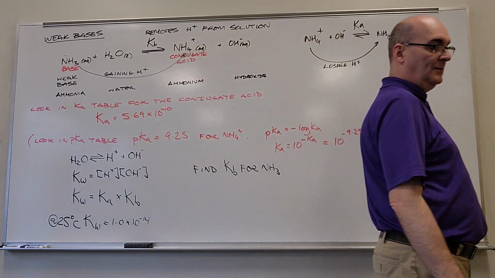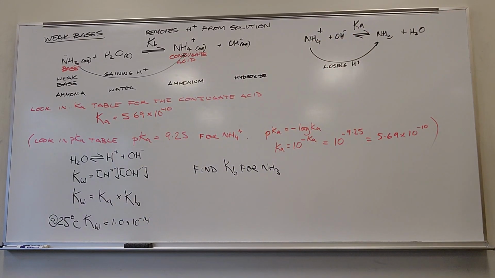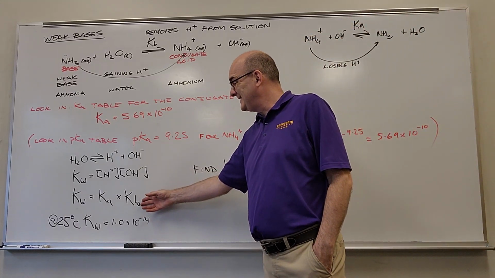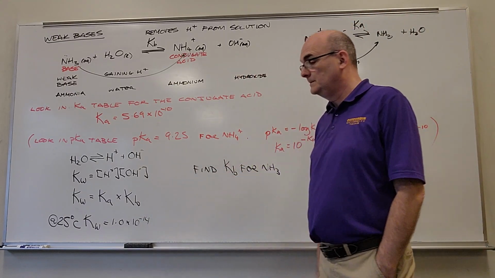Go ahead, find the value of Kb. Kw equals Ka multiplied by Kb. Therefore, Kb is equal to something. Just gotta rearrange this and put the numbers in.